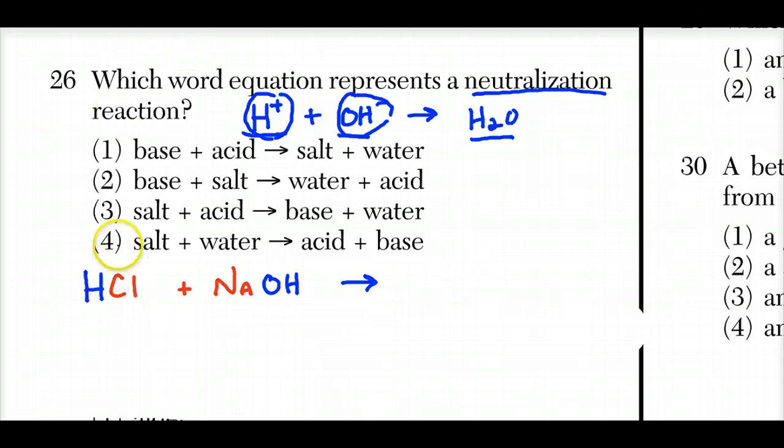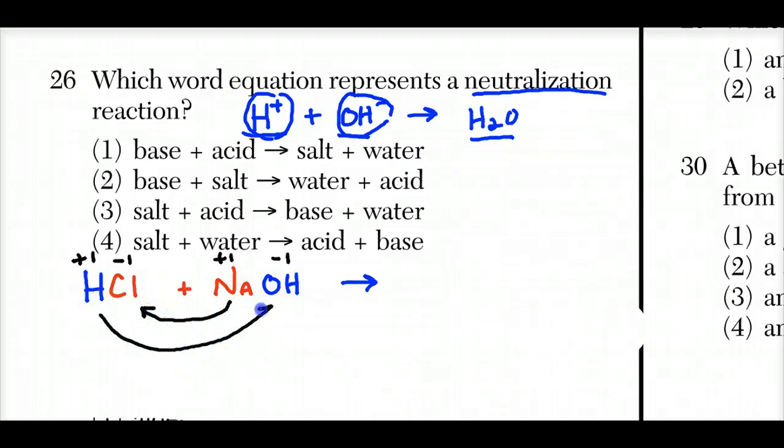If you've done double replacement reactions and understand them, what we have is ions. This is a positive ion, +1. This is a -1. Sodium is +1. This polyatomic ion is -1. So what you're really doing is switching partners. Okay, the Na+1 is going to go with the chlorine, and the H+ is going to go with the hydroxide.